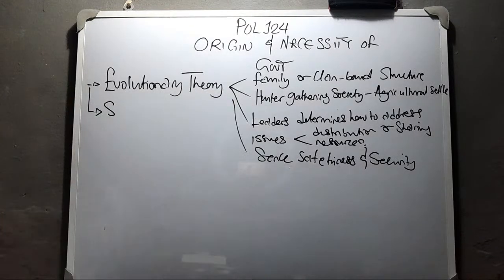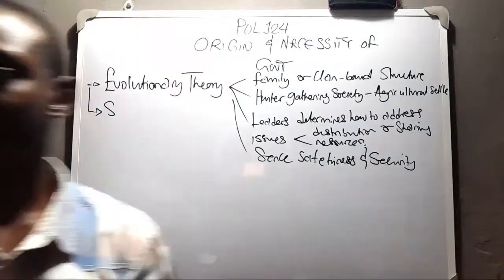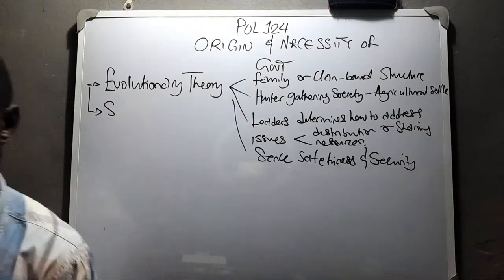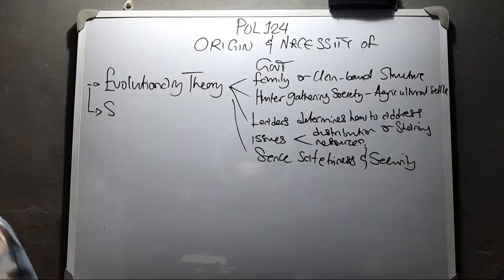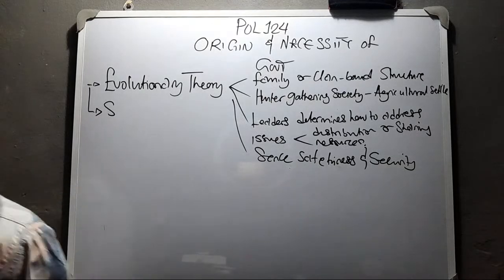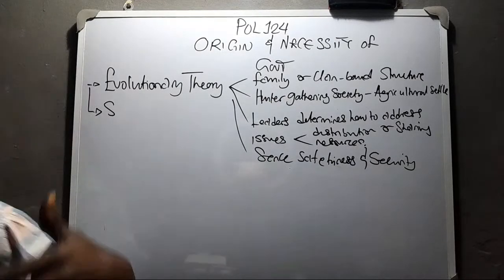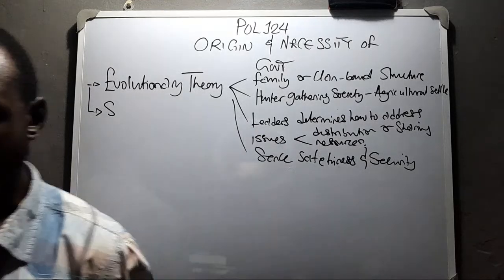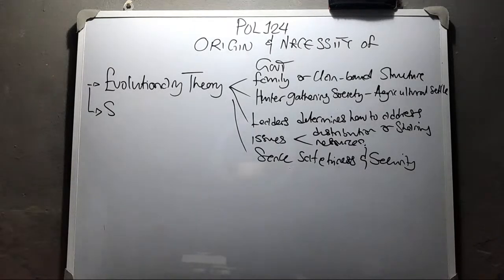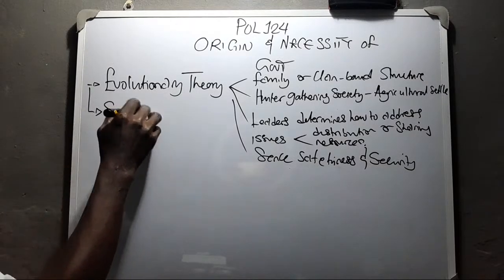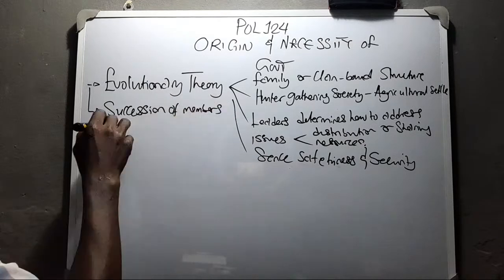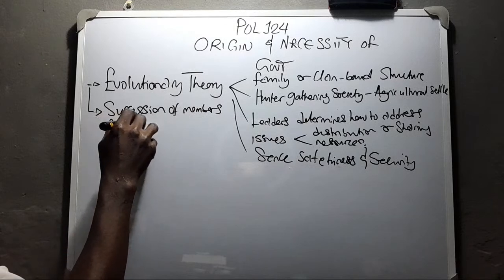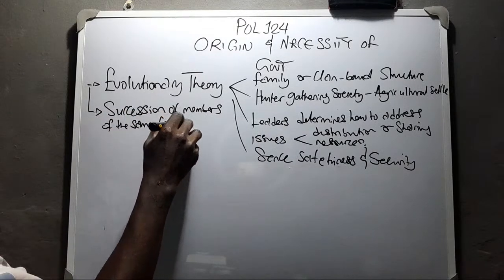We said family or a clan bound is synonymous to family. This is what has been, but it's still kind of unfortunate that even in modern times, we still have some governments that are run based on succession of members of the same family.